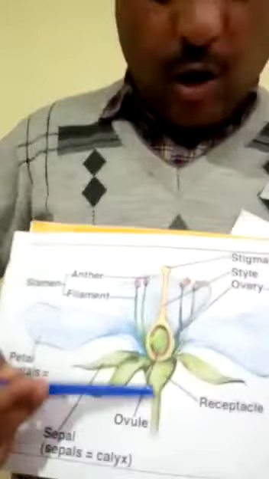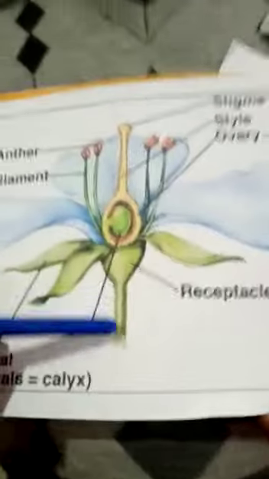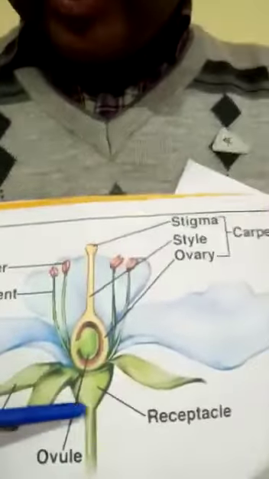At the stalk, we see a swollen part called the receptacle. From this receptacle, four main layers or whorls of the flower arise.